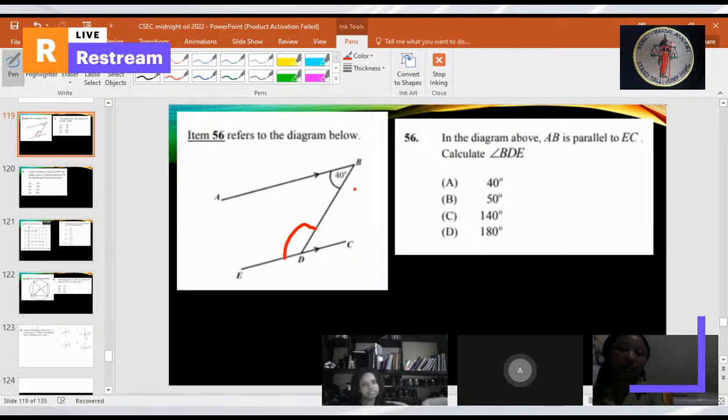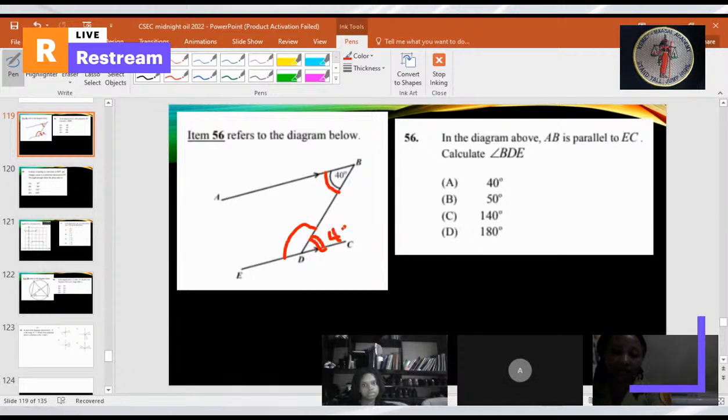Angle ABD is equal to 40, to angle ABC. That angle at D is equal to 40 degrees, BDC. So you're saying this and this are the same, and this is 40.